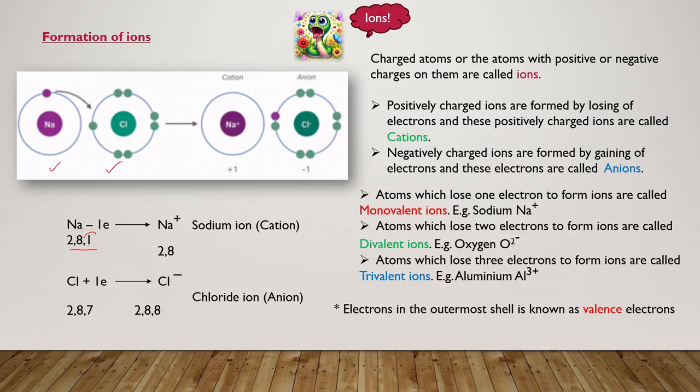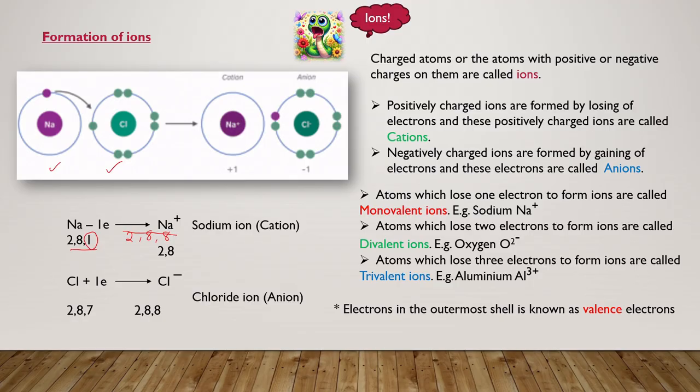So this is its last or valence shell. In order to attain the octet state, it should get 7 electrons, isn't it? Then only it can have the configuration of 2, 8, 8.